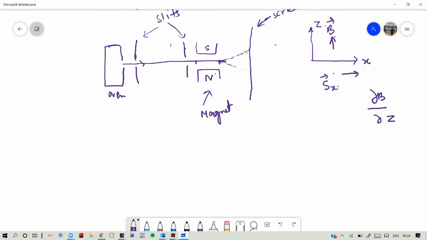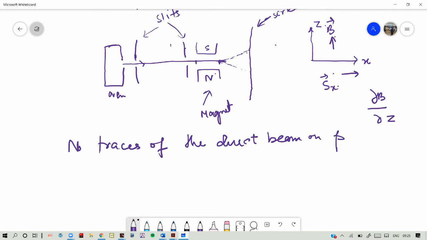It is important to note that there were no traces of the direct beam on the photographic plate.